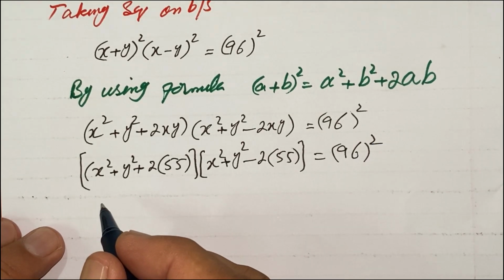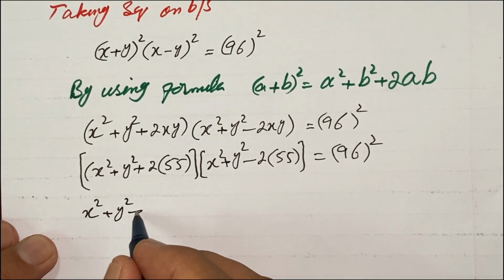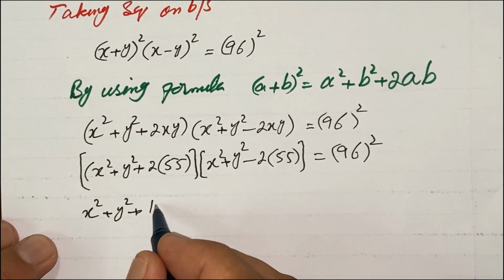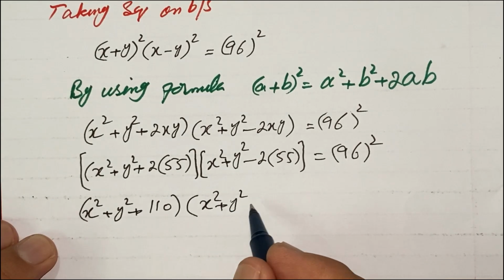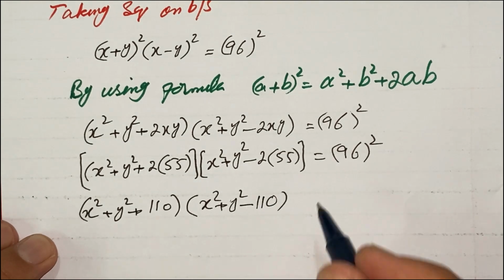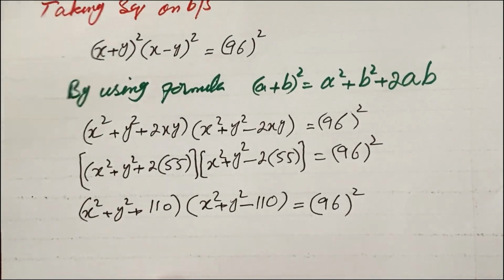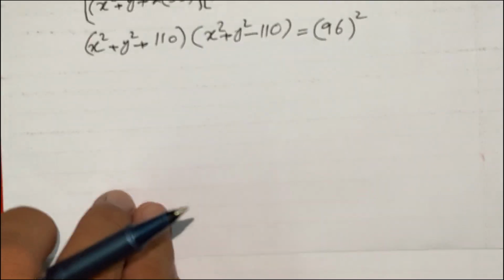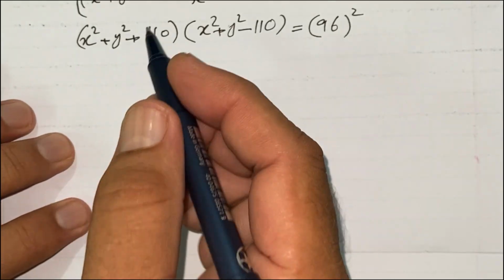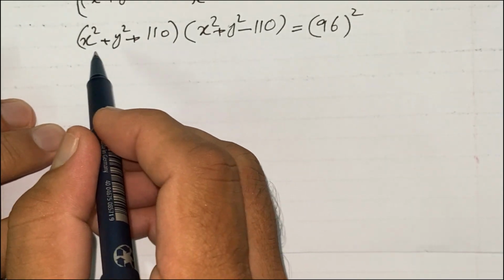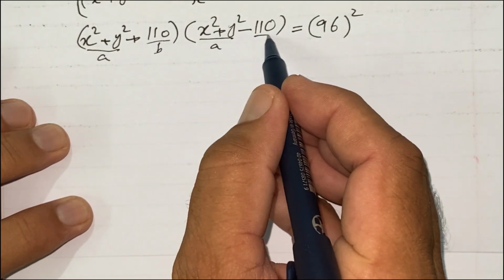Now x square plus y square plus 110. Here x square plus y square minus 110 is equal to 96 whole square. Now here this is a, this is b, this is a, this is b.